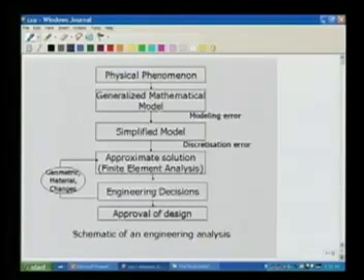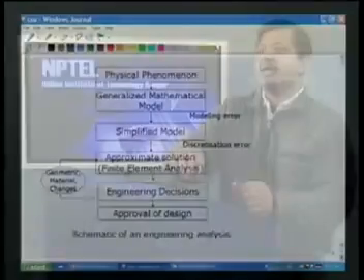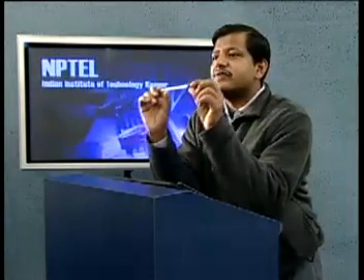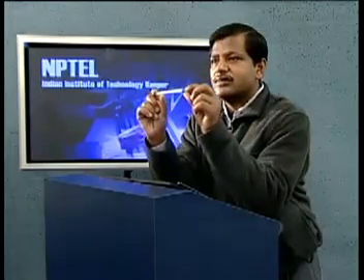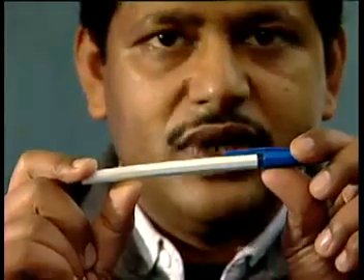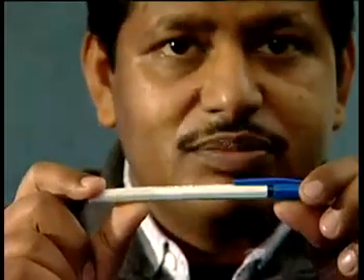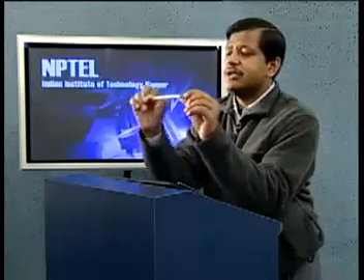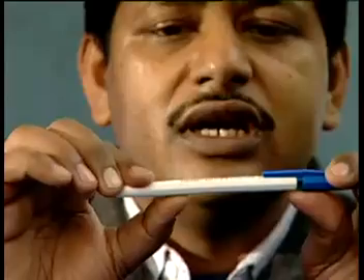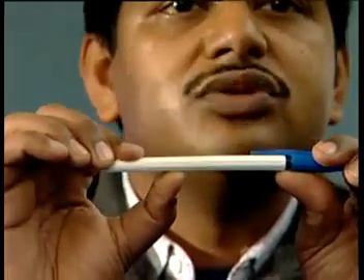In certain cases, for example, in aircraft engineering applications, I would like to keep the geometry fixed. For example, the wing of an aircraft. Wing is given a certain geometrical shape so that it can develop the required amount of lift. In that case, I cannot change the shape, and I find that under the action of the aerodynamic loads, which can be represented again like a beam under the action of transverse loads, the wing bends too much.